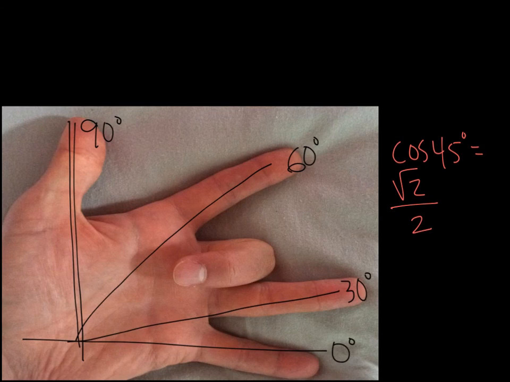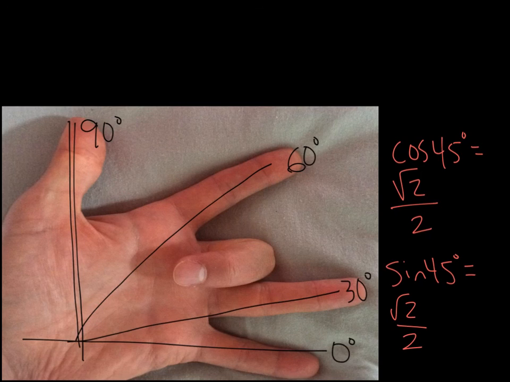And sine actually would be the same. If you remember from either the triangle or the table, the sine of 45 degrees is also root 2 over 2, but if you use the method, here's 45 degrees, there are 2 fingers below, which is where sine is, and so it would be root 2 over 2.